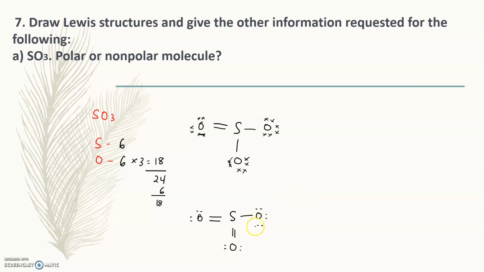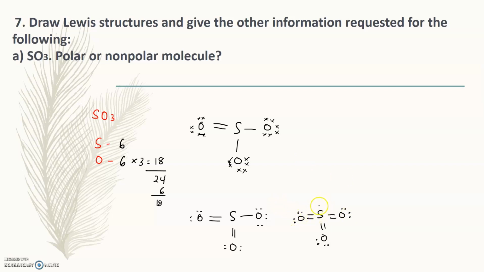Okay, so this one also can form a double bond here. Okay, so you choose the lowest formal charge and then use that restructure for your molecule.